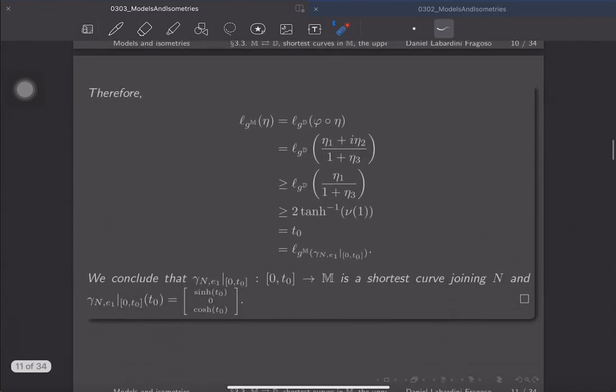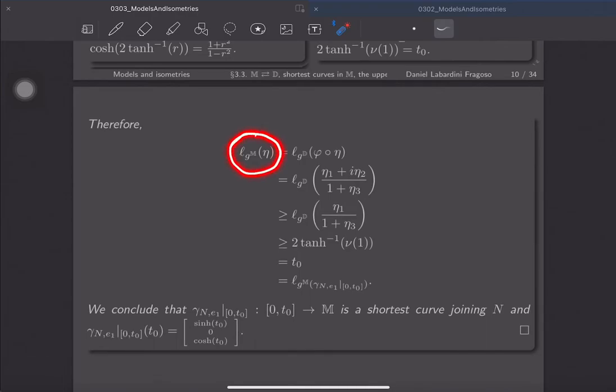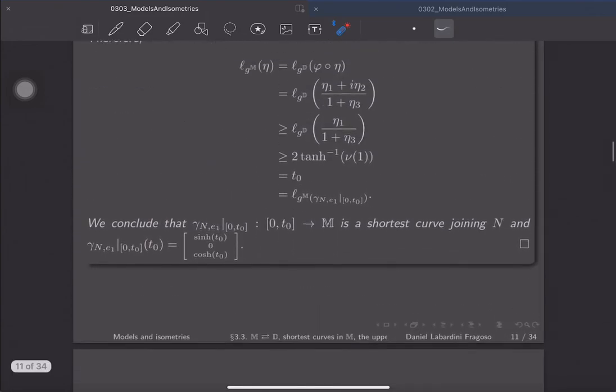So the length of my arbitrary curve in the hyperboloid that joins the two extremes of this curve is greater or equal than the length of my candidate curve. So after all, my candidate curve is a shortest curve between the extremes.